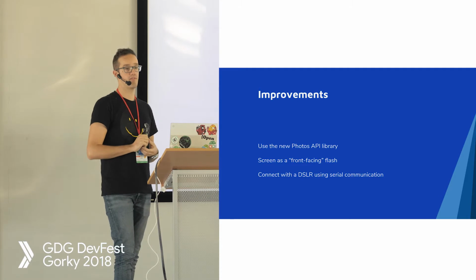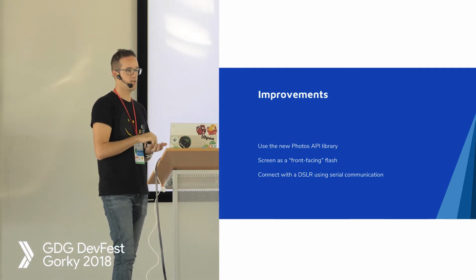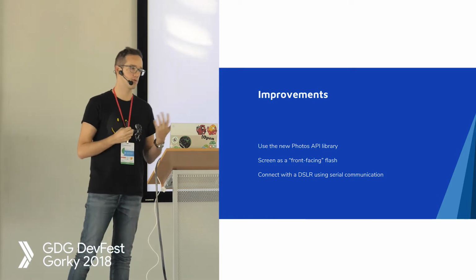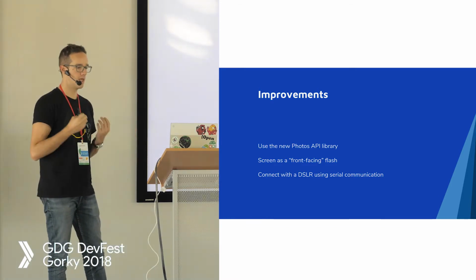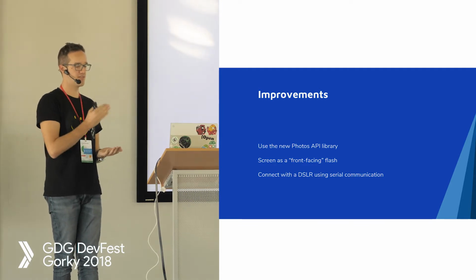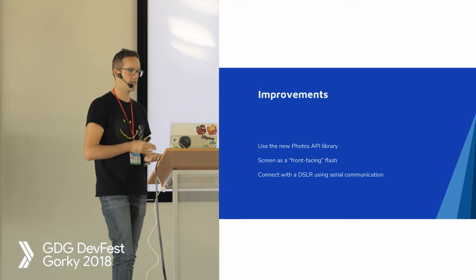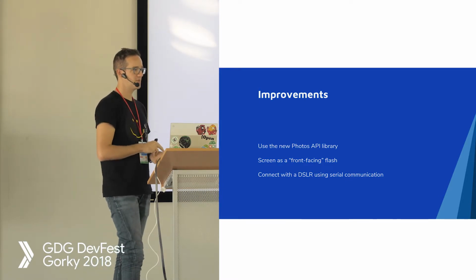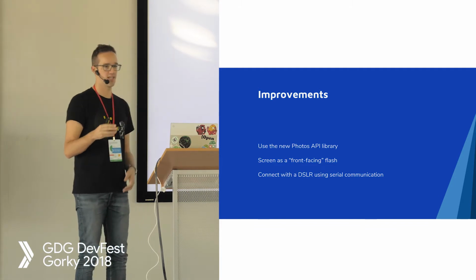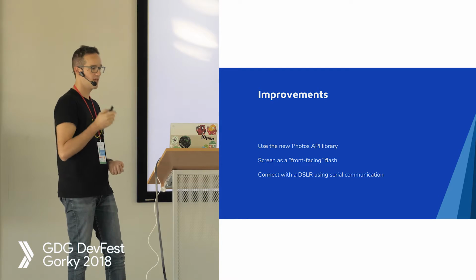Another thing that we found is that Android Things gets its internal time from the network using a network time protocol. But of course, if you don't have any network connection, as soon as the device starts, the date is going to be the 1st of January 1970, which is not great when you are taking pictures and that date is used as the capture date for the picture.